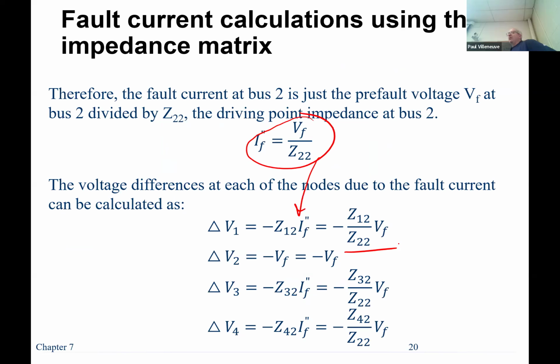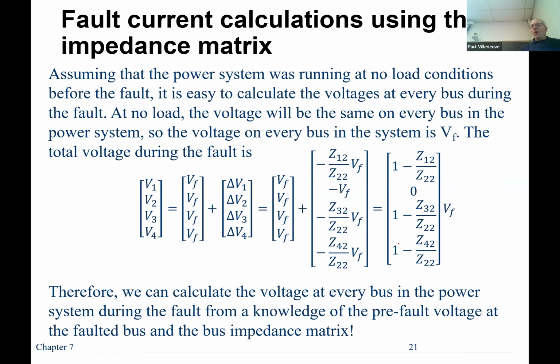Z12 divided by Z22 times VF. That's just a ratio of the transfer impedance to the Thevenin equivalent impedance. You've got all the values there. Or I can substitute it in with matrices and then do it this way. And now I've got all the changes in voltages.